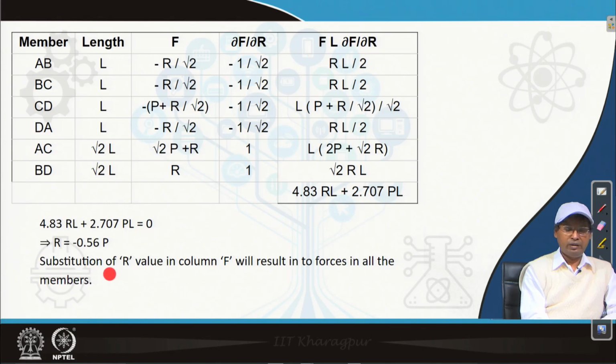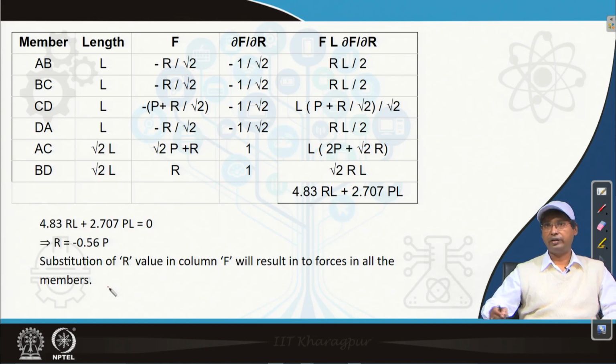So, substituting the R value in column F will result in the forces in all the members. Hope I have completed this problem. Let us proceed to the next problem to solve.